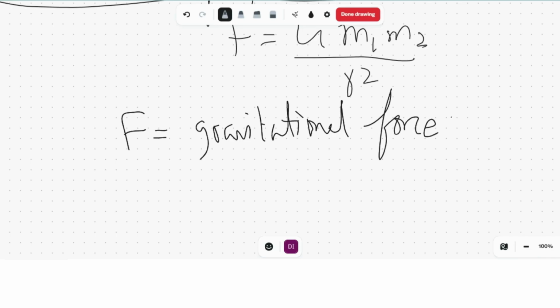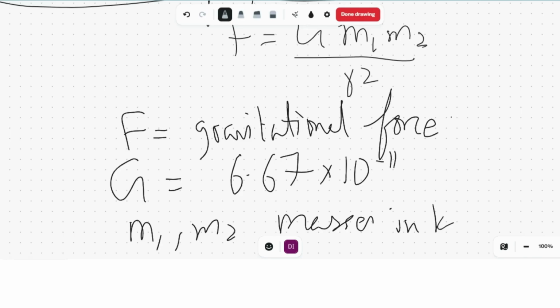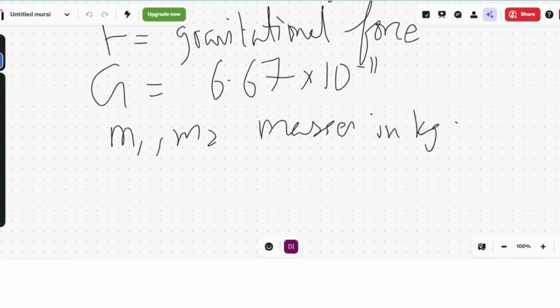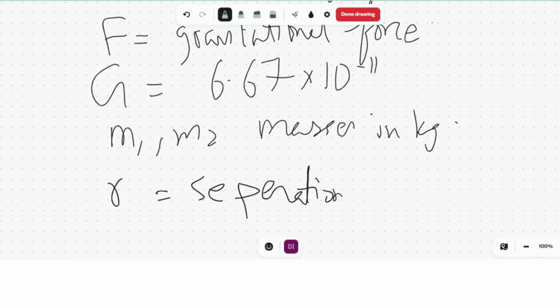Whereas G is 6.67 times 10 raised to power minus 11, and m1 and m2 are masses in kg. And r is the separation between them, the separation between centers.